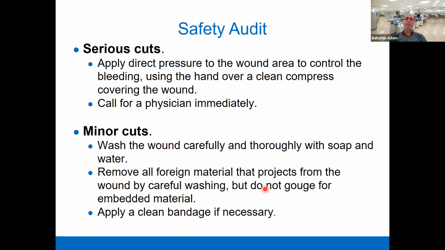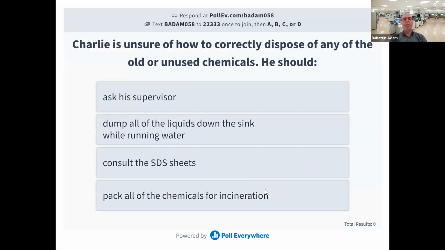And for minor cuts, we have to wash the wound carefully with soap and water. Remove all foreign materials that project from the wound by carefully washing. And we also can apply a clean bandage if necessary.